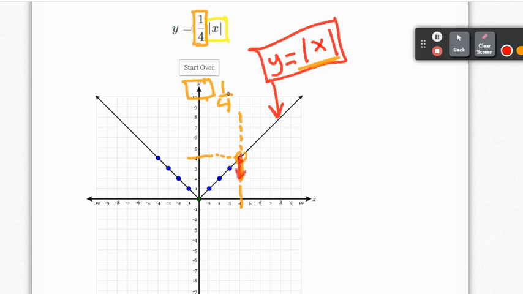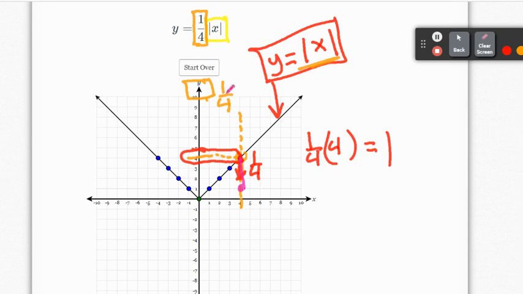I need it to go down 1/4 of its size. Well, the cool thing is I know that 4 can be divided by 4. So 1/4 of 4 is 1. So what happens is I need that grid dot right there to go down to a new height of 1.